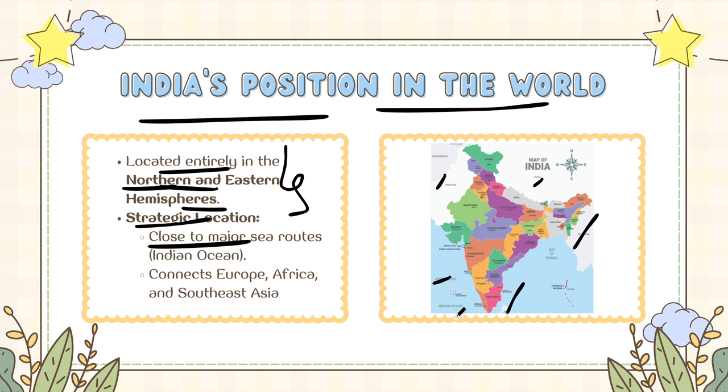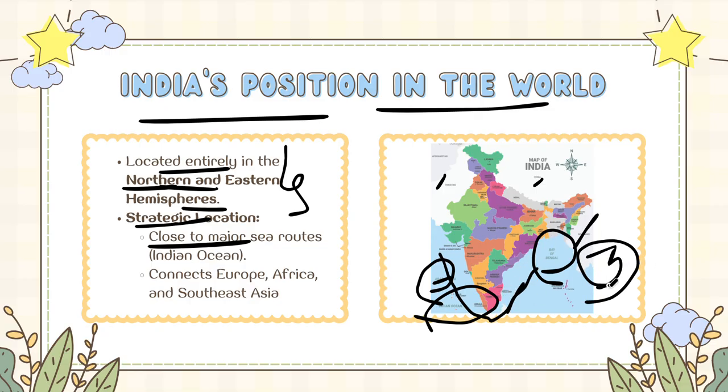We have the Arabian Sea, the Bay of Bengal, and the Indian Ocean. It is so near to all three seas that it has easy access to all the sea routes for trading. It connects India to Southeast Asia, Europe, and Africa.